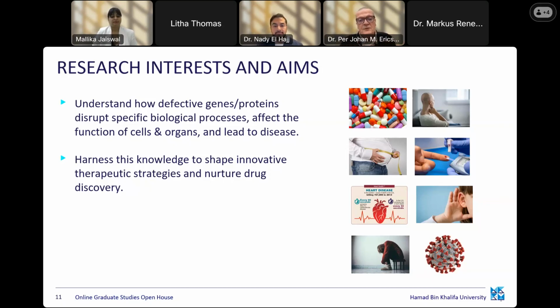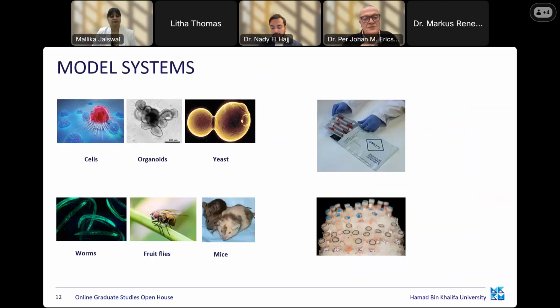Examples of this include gene editing tools to study gene function, the development of biosensors to allow us to monitor different cellular functions in real time, or the development of organ-on-chip models of human disease that will allow us to perform physiologically relevant drug screens in the laboratory setting.